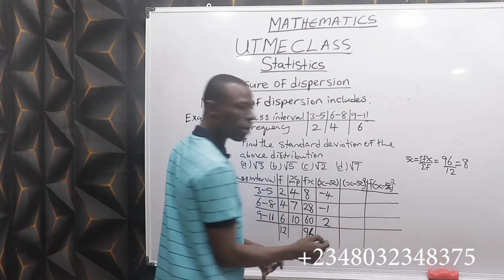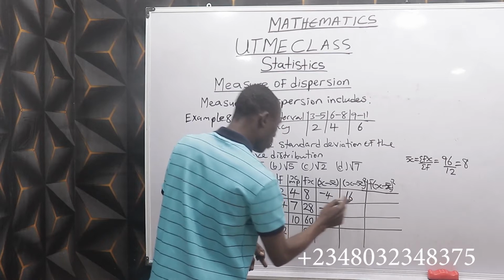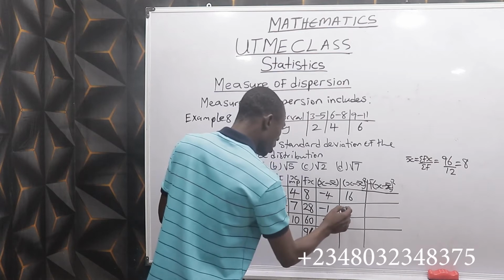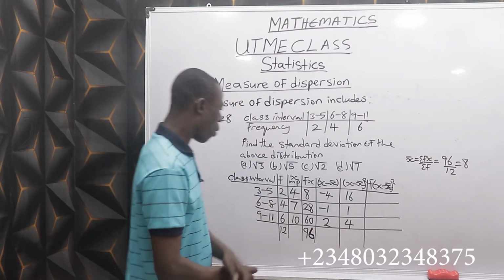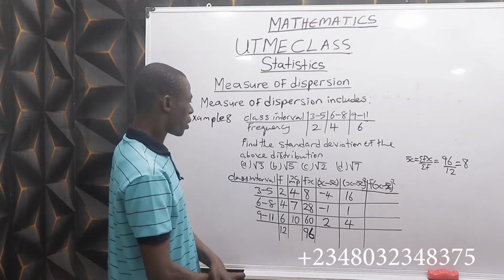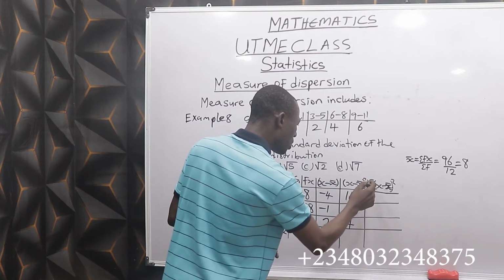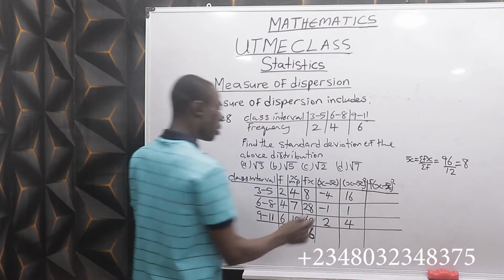At the variance level, squaring it is 16. When you square negative 4, it becomes positive 16. This is positive 1. This is positive 4. 2 square is 4. Now, we need frequency to multiply the square of the deviation.